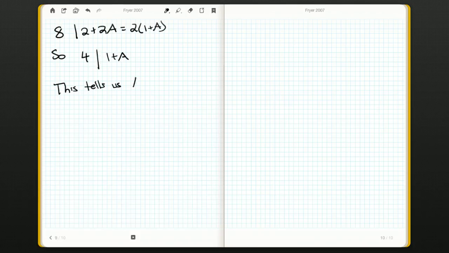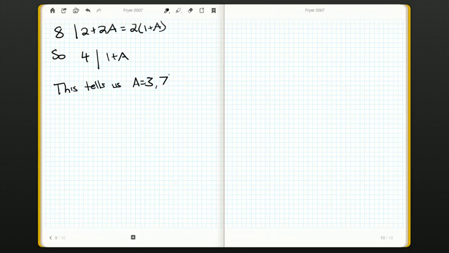So this tells us A can be 3, or A can be 7, and that's really it. If we try 0, we get 1. If we try 1, we get 2. 2, we get 3. 3, we get 4. We want 4. 4 gives us 5.